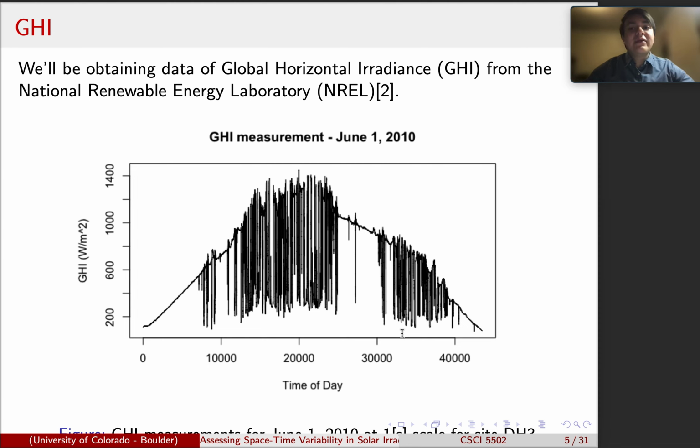The data we'll be obtaining is global horizontal irradiance, or GHI, which measures the amount of sunlight absorbed by the solar panel from the sun and also through reflection from other surfaces. We're going to do a transformation of this data: taking the log of GHI over the expected GHI under clear sky conditions.